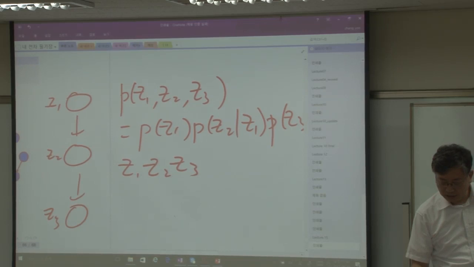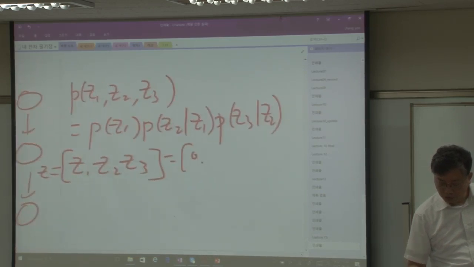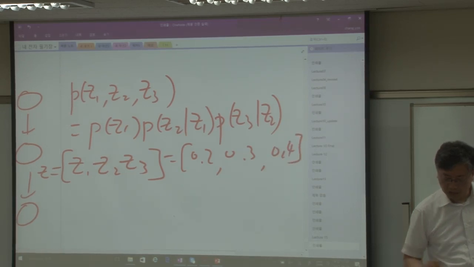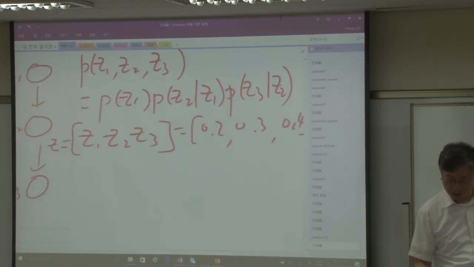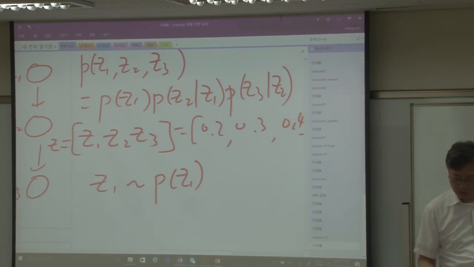I initialize these as some numbers, let's say 0.2, 0.3, and 0.4. Okay, I initialize. And then, how do I do this? For Z1, I sample from P(Z1). Then Z2, the next one, based on this, I sample.